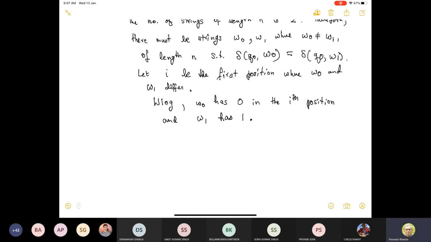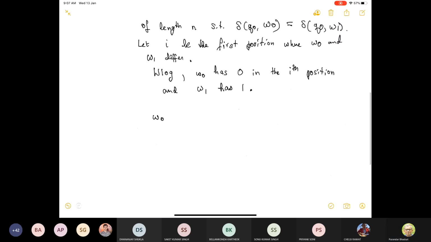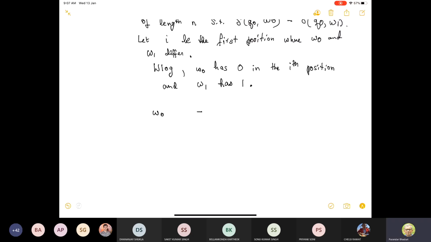So what do we have? We have W0 equals some I minus 1 bits followed by a 0, and then some n minus I bits, whereas W1 equals some I minus 1 bits followed by a 1, and then n minus I bits.